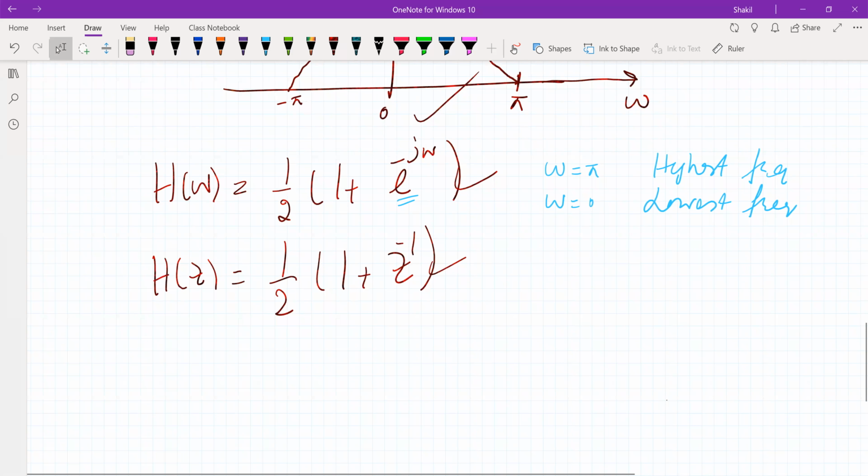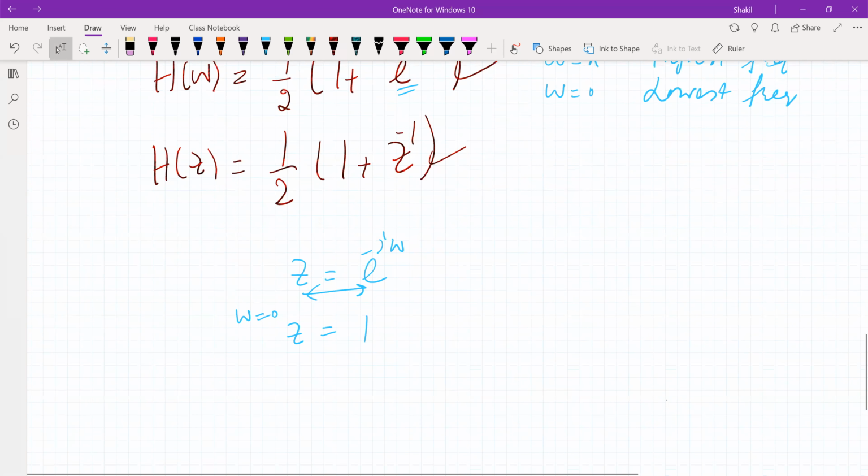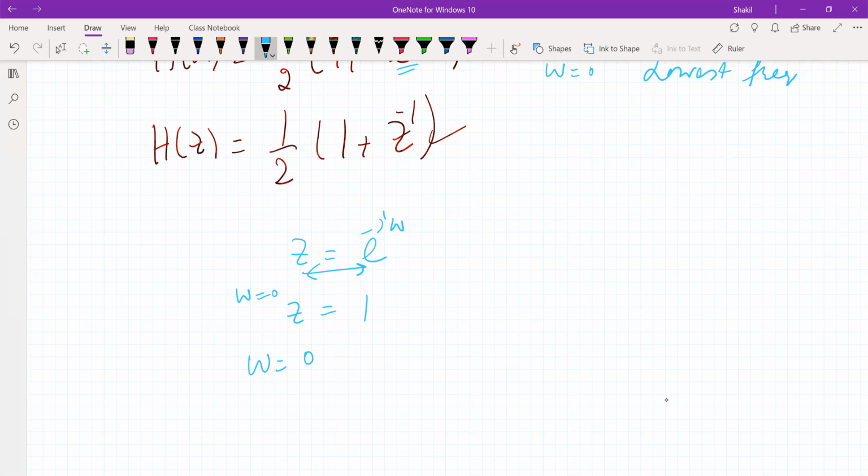Now what do omega equal to 0 and omega equal to pi correspond to in z? We know the relationship between z and omega is like this. So when omega equal to 0, z will be equal to 1. Similarly, when omega equal to pi, z will be equal to minus 1.